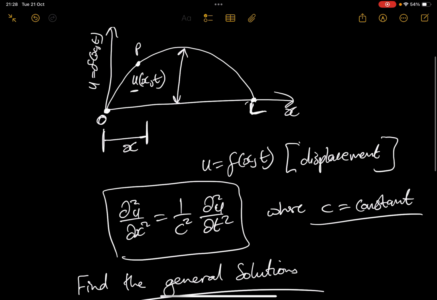So from here, what are we going to do? Where there's mu, we replace it with p. So let's rewrite our general equation: a e to the power px plus b e to the power minus px, and then here we are going to have c e to the power cpt plus d e to the power minus cpt. The square root of mu is going to be p, so that is very important.